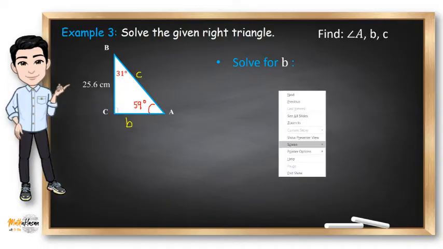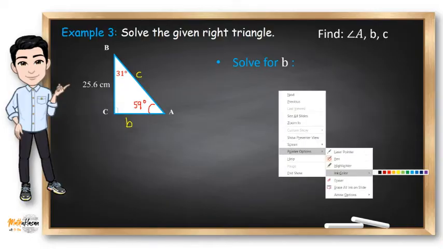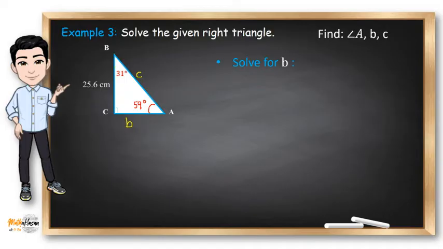Now, let us try solving for B. In this case, I'm gonna use 31 degrees as my reference angle again. So here, since I'm using 31 degrees, the missing value is the opposite side, and one of the given sides is the adjacent.